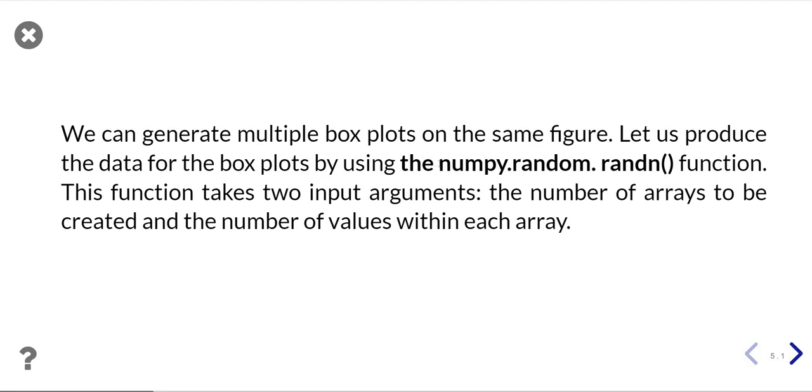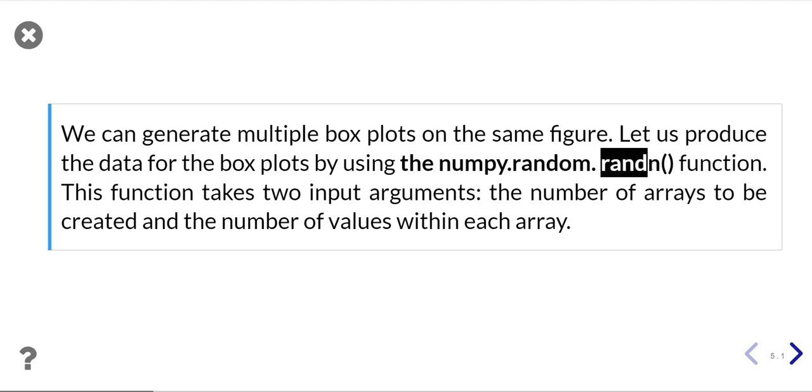So now let us use the random generator, the numpy random, and we are going to use the randn function. Now this is different from earlier, where we used the random integer function.